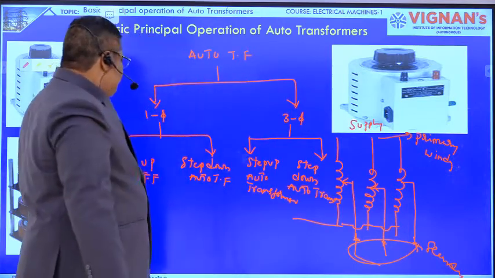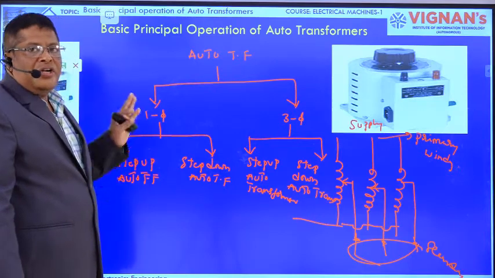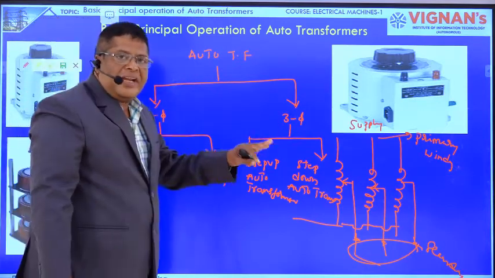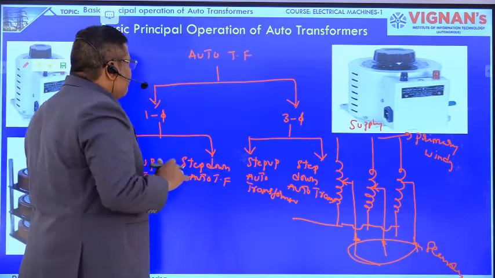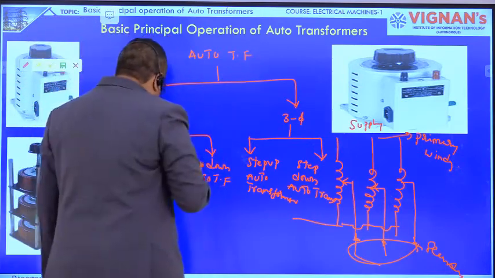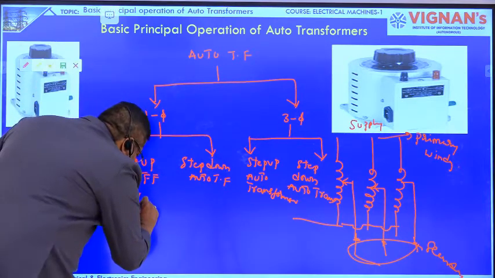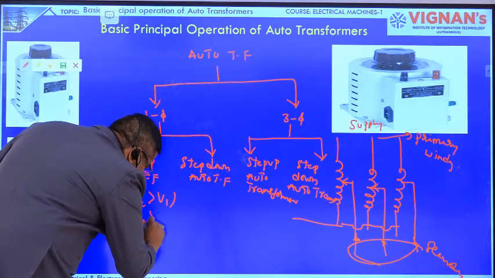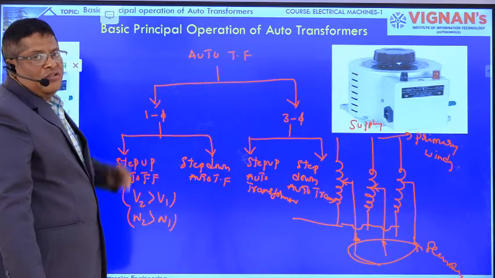Now what does step up auto transformer mean? It is defined as an auto transformer in which the secondary voltage will be greater than the primary voltage. Suppose we take the secondary voltage as V2. If V2 is greater than V1, nothing but N2 is greater than N1, this is a step up auto transformer.